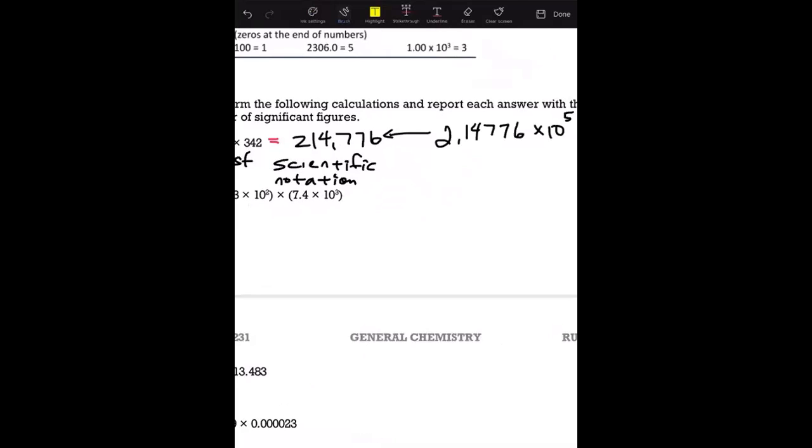Is that right? Yes. Hundreds of thousands is 10 to the 5th. Thousands, 10 to the 3rd. Tens of thousands, 10 to the 4th. Millions, 10 to the 6th. So on and so forth.